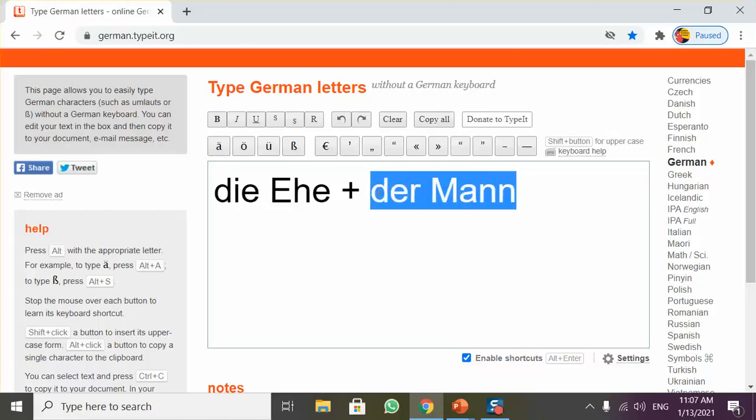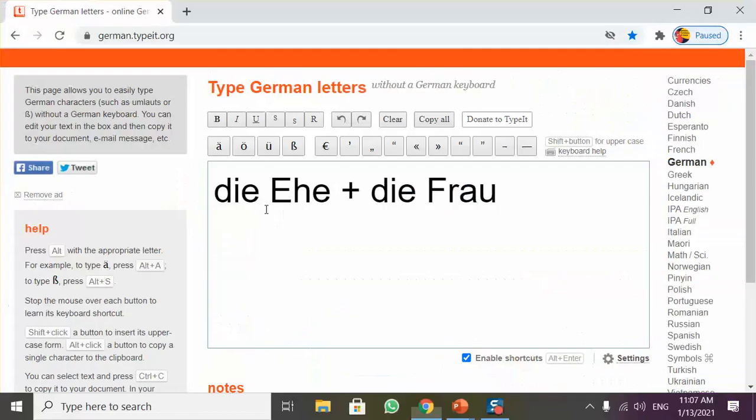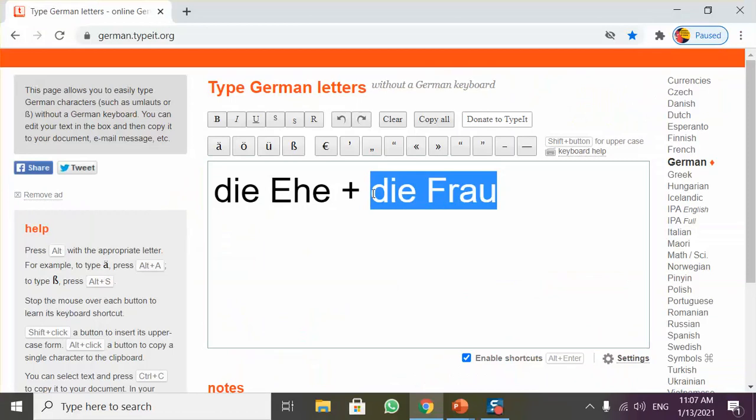In the same way, die Ehe and die Frau, die Ehefrau. The article will be die. Collectively, together, they are called the pair, the marriage pair, or das Ehepaar. Again, it is a compound noun, die Ehe and das Paar. So the article is das for the compound noun.